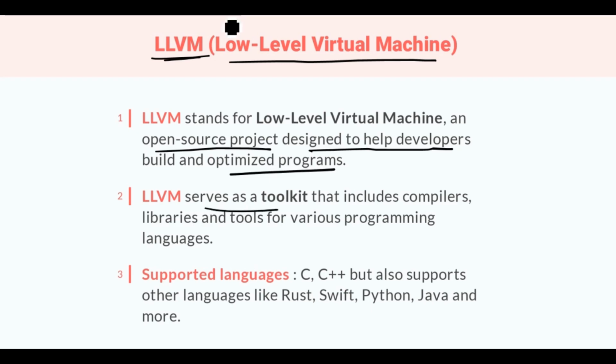LLVM serves as a toolkit that includes compiler libraries and also various kinds of tools for various programming languages. Now the question is, what programming languages does it support? Basically it supports C, C++, but also other languages like Rust, Swift, Python, Java, and many more.